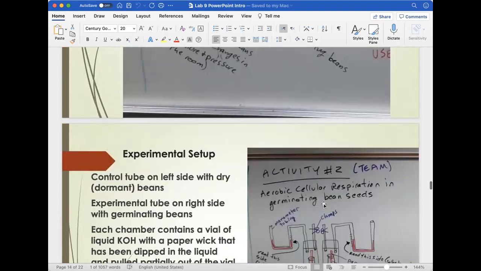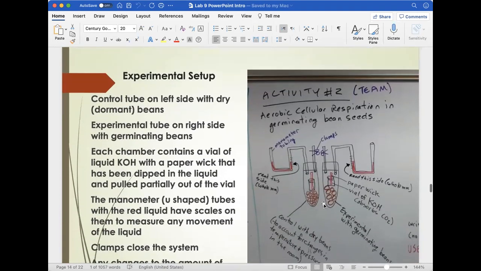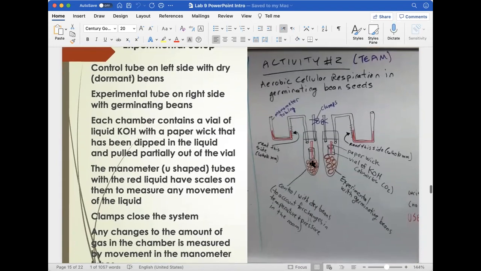Okay. So how we've set this up, the control tube on the left side is with dry or dormant beans, and the experimental tube on the right side is set up with the germinating beans. Each chamber contains a vial of liquid KOH with a paper wick that has been dipped in the liquid and pulled partially out of the vial.